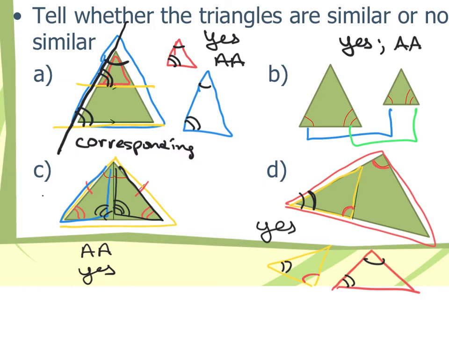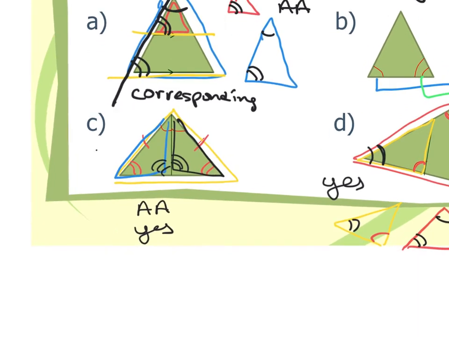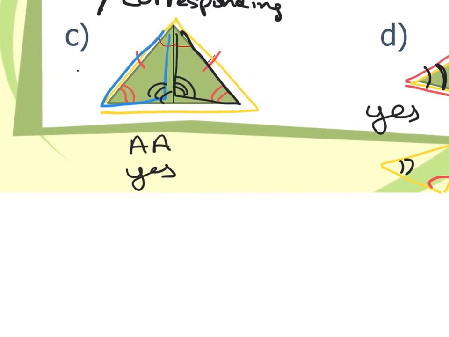Miss Corey, I'm really confused with C. All right, so what you need to do is, let's go back to C. Let me redraw it. And I had this marked, and I had these marked up at the top.